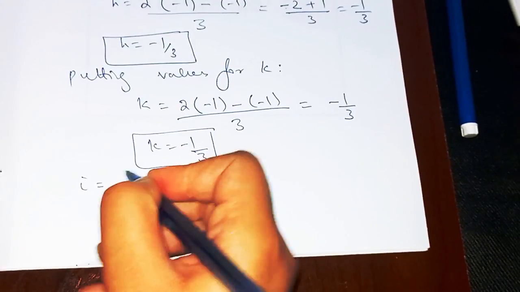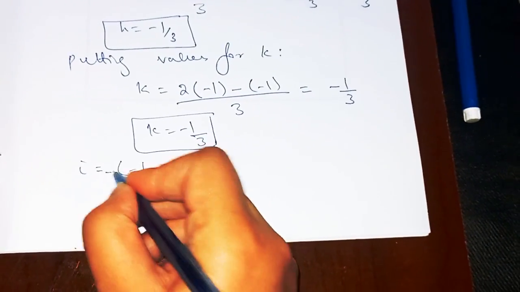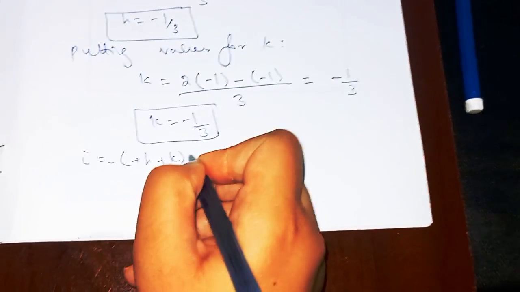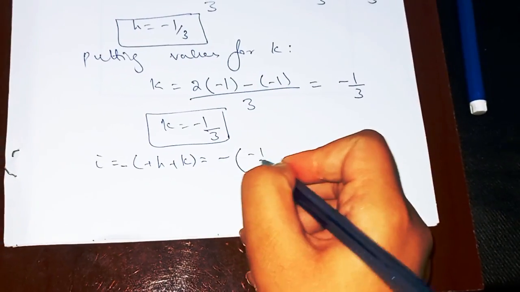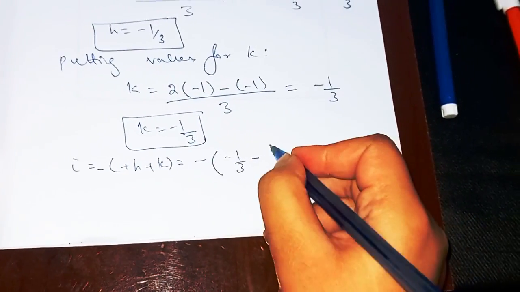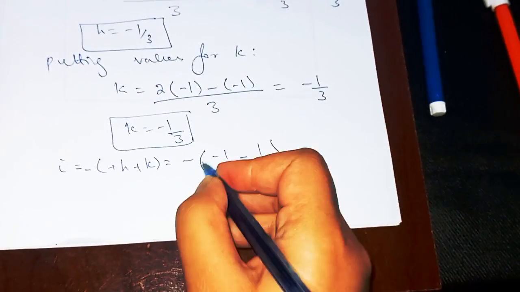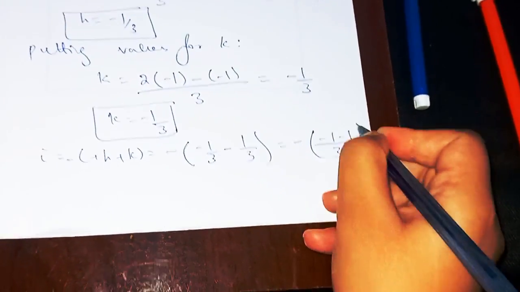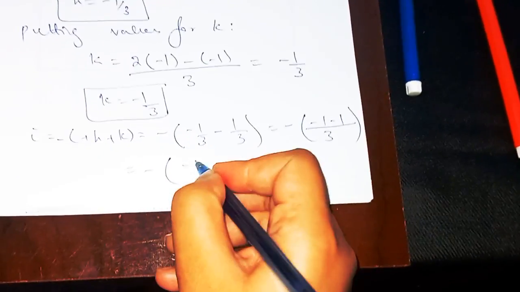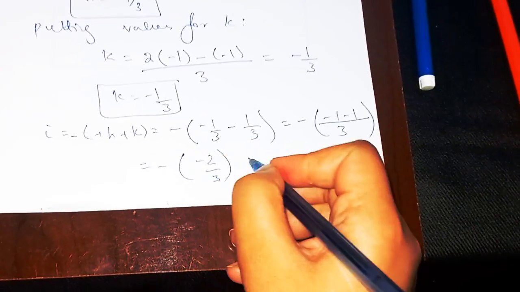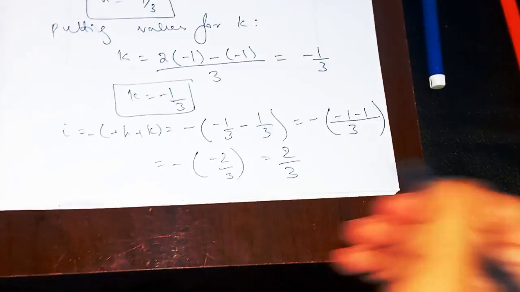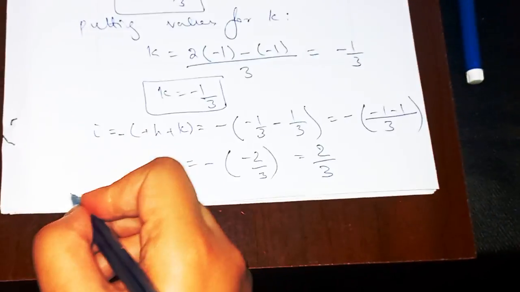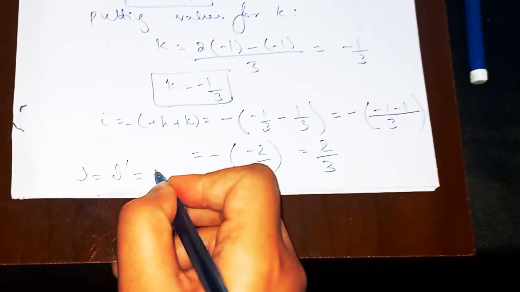Putting values for i, it's minus into h plus k. So h is -1 by 3 plus k is -1 by 3, so minus into -2 by 3, minus minus plus, so it's 2 by 3. Whereas l equals l prime, that is equal to 1.